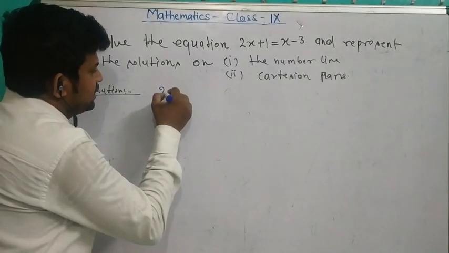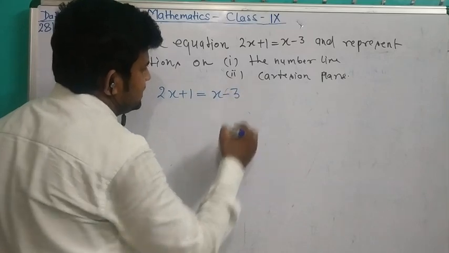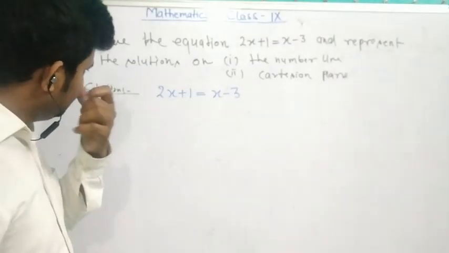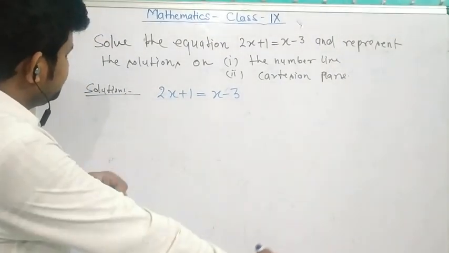The given equation is 2x + 1 = x - 3. Here x is the variable, so we keep the variable terms on the left side and the constants on the right side.